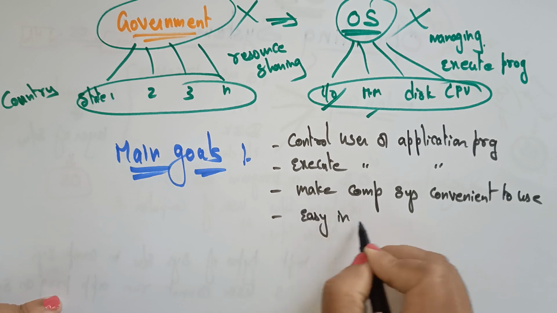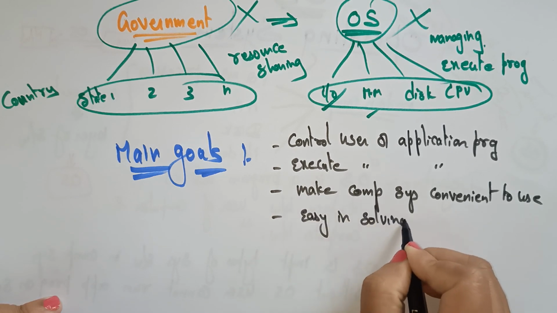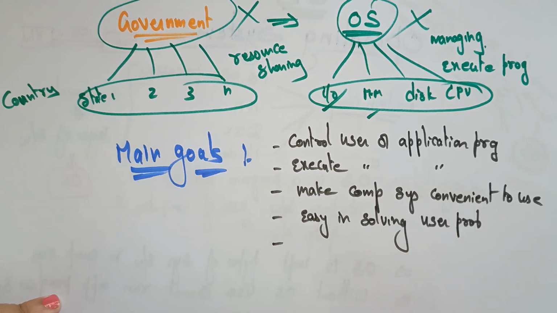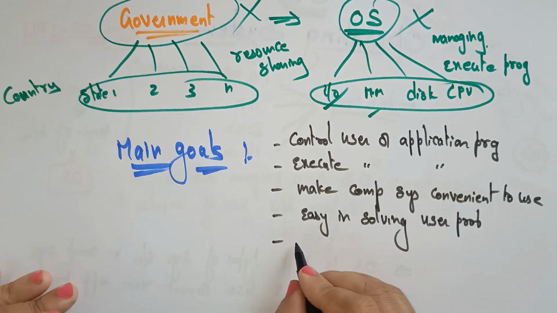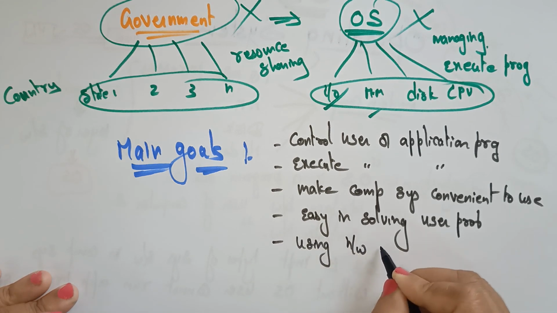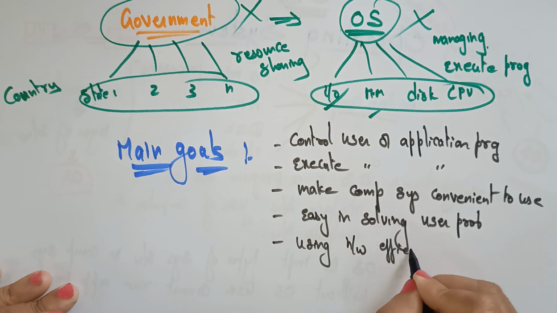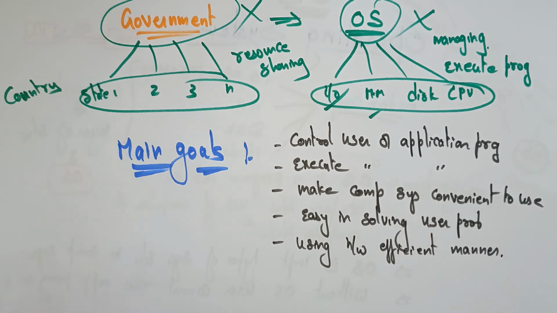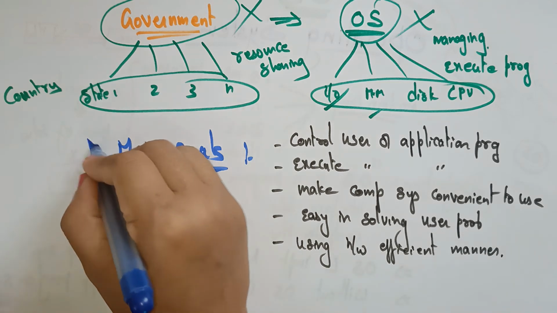It also uses hardware in an efficient manner. With the help of the operating system, we are efficiently using the hardware resources. So these are all the main goals of the operating system.